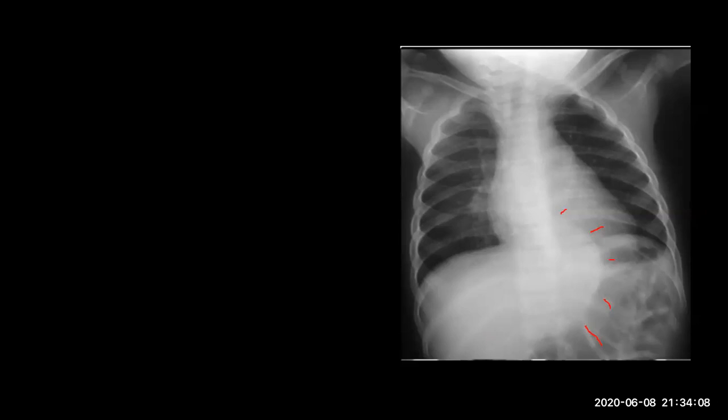Once we see the mass above and below the diaphragm and not obliterating the diaphragm, what does that mean? Anyone? It means that it is related to the paravertebral space. This is a paravertebral mass, and we see the mass above and below the diaphragm.